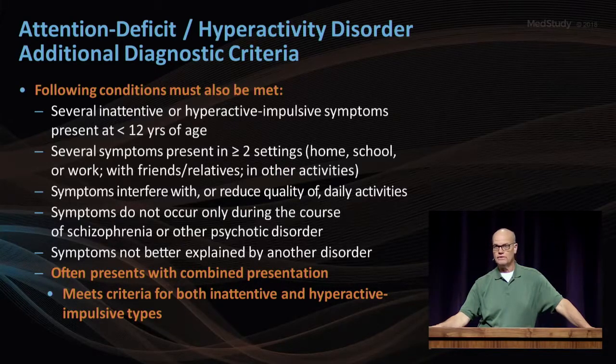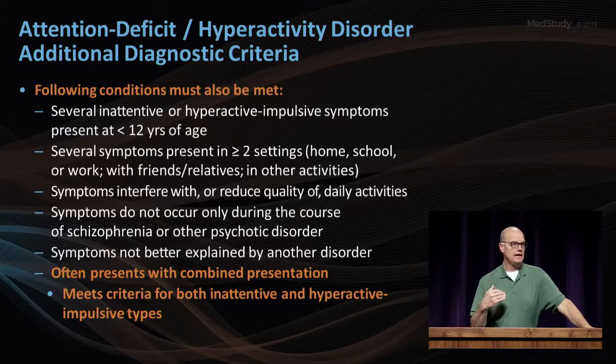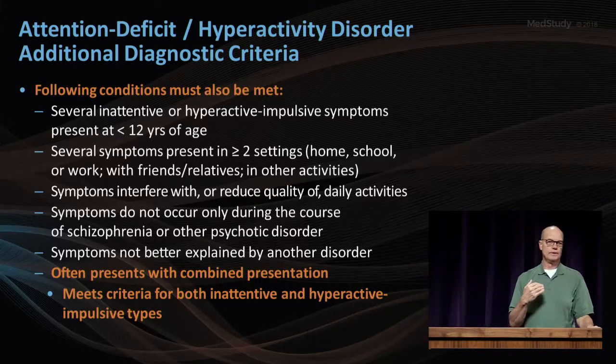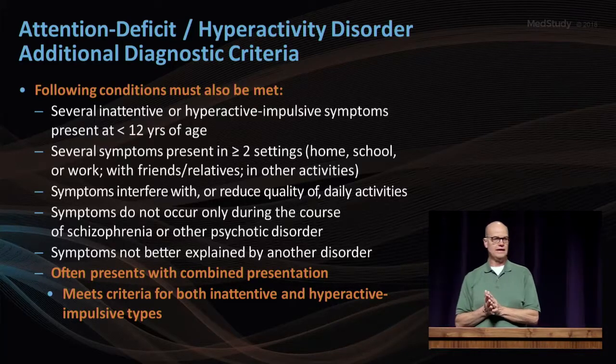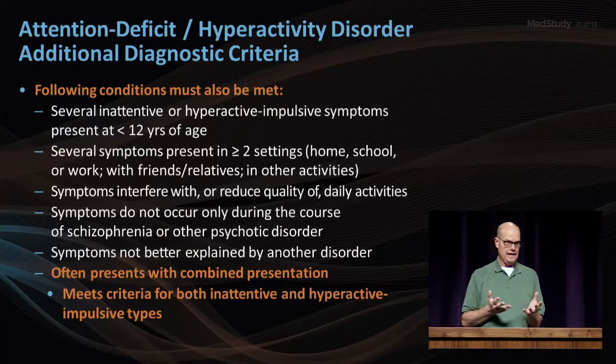And the reason for that is that many children may look as if they have ADD, when in actuality, those symptoms are a direct response to their environment. So what I mean by that is if a child is growing up in an abusive household where there is domestic violence, obviously they are going to be anxious.